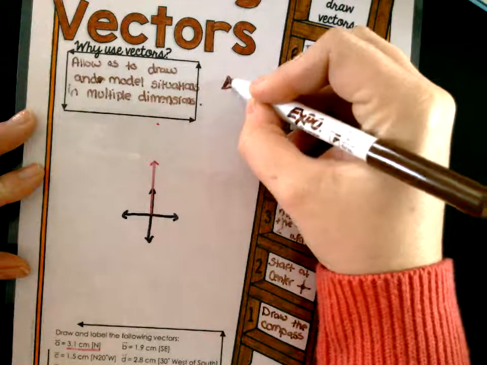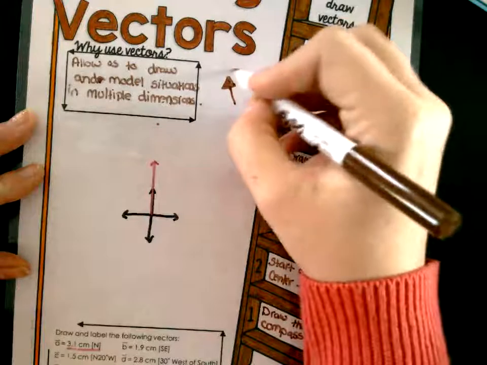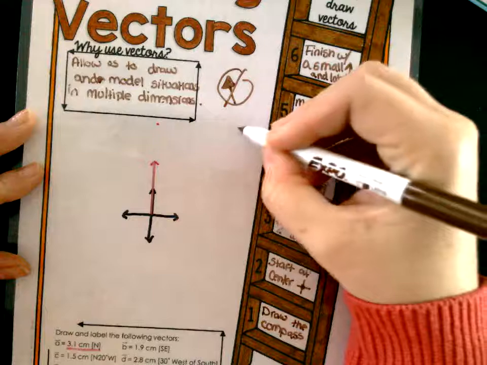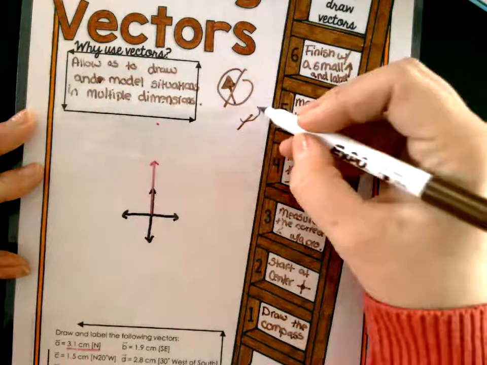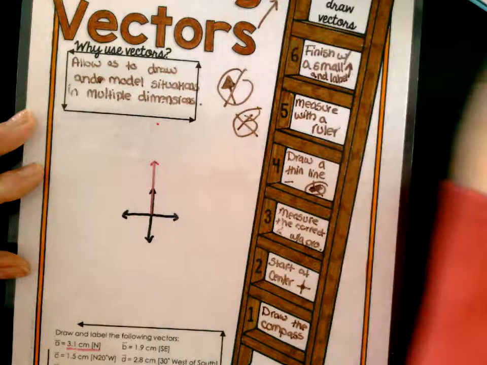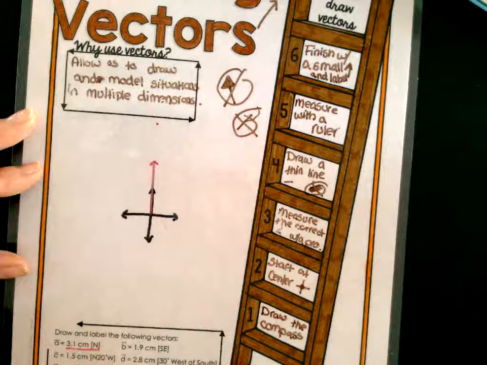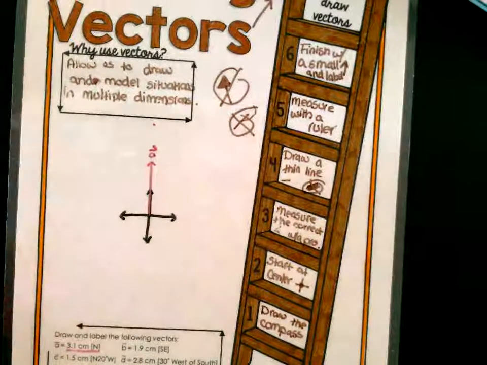This, I don't need any drawn in arrows like that. That's not going to work. And then this doesn't even have an arrow, so that's not a vector. So that's not going to work either. Needs to look something like that. And then I'm going to label it. That was A. So I'm going to put A with its vector hat above it.